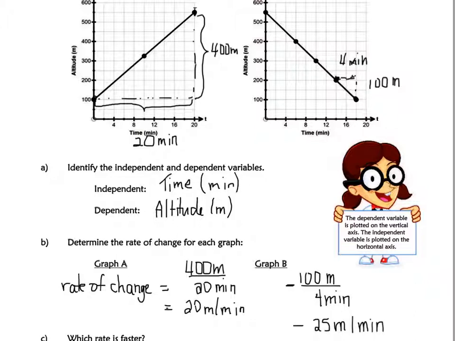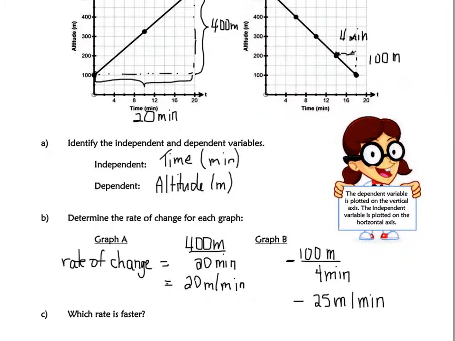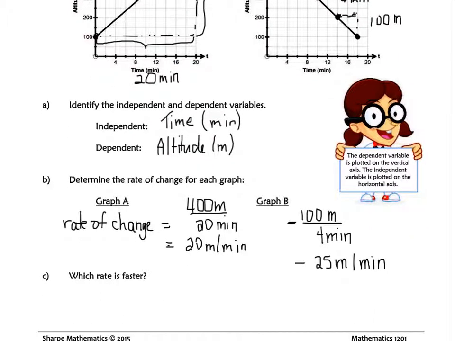If it's falling as you move to the right, then it would be a negative rate of change. If it's like the first graph, as you move to the right the graph is rising, that would be a positive rate of change.